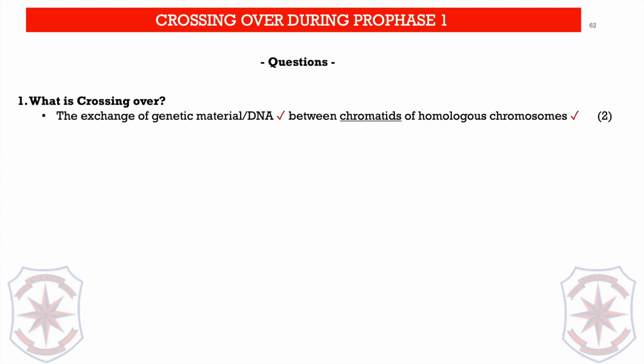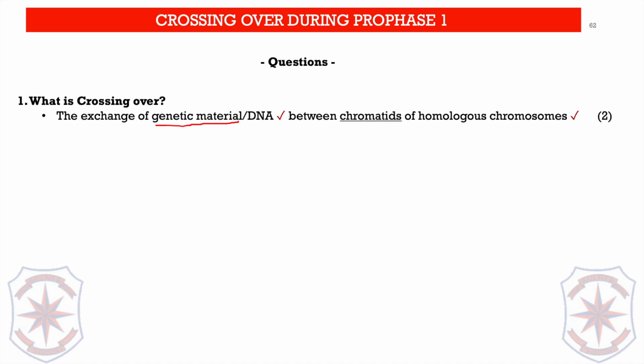Okay, now for the first question. What is crossing over? What is it that we are talking about when we talk about crossing over? This is a description of the term. Crossing over is the exchange of genetic material.